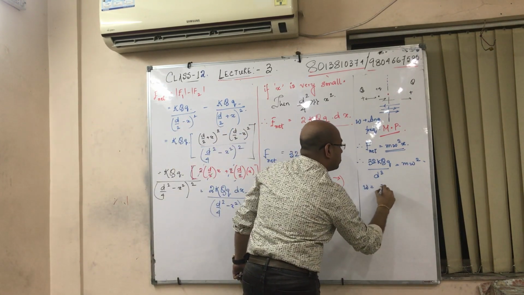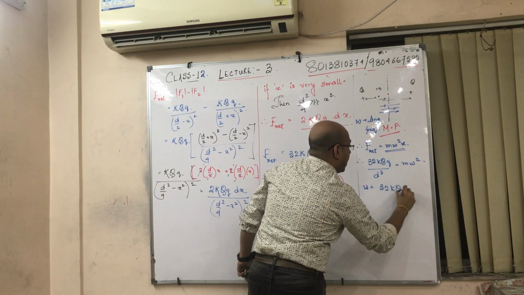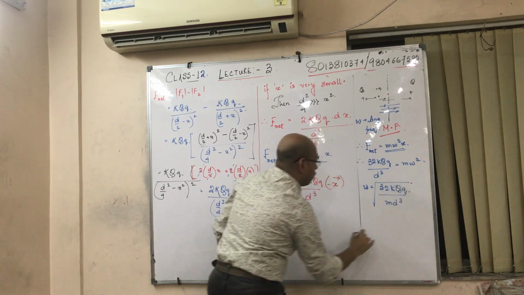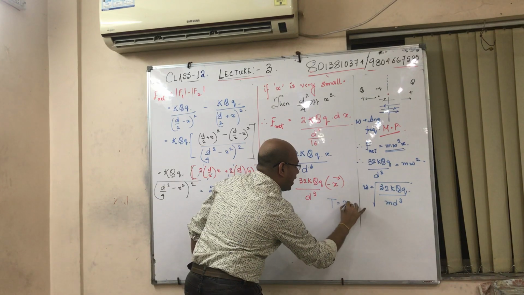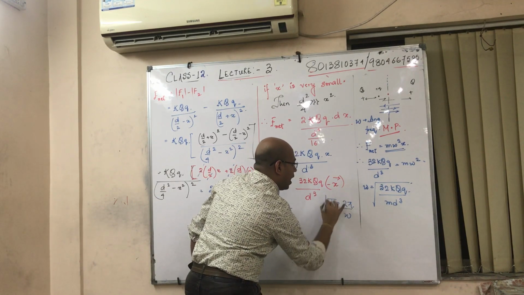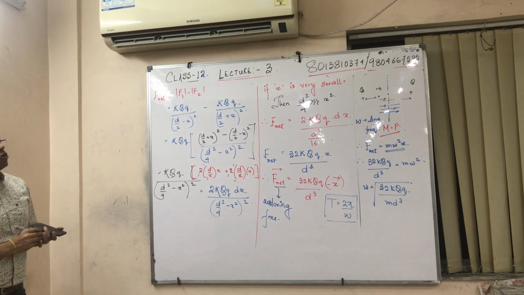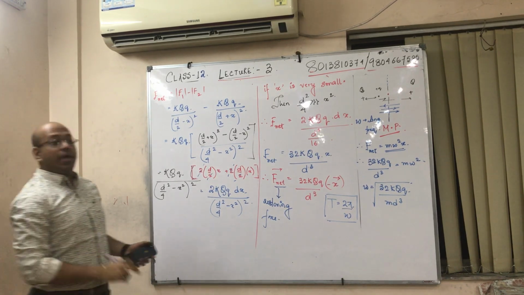And omega comes out to be the root of 32K Q small q by m d cube. And what is the time period? 2 pi by omega.